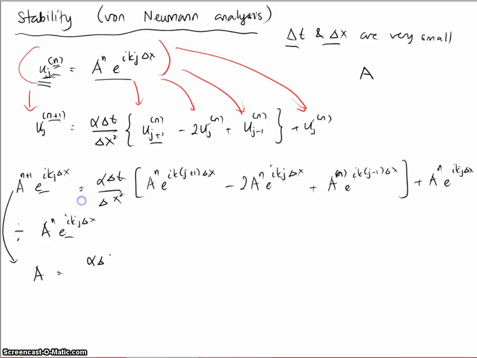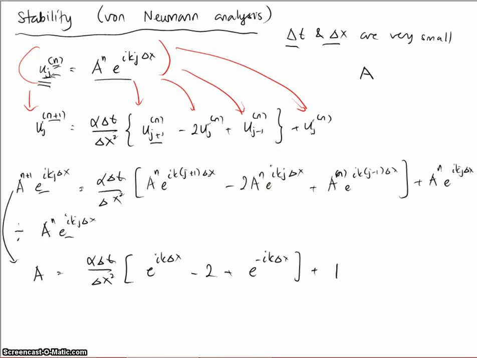On the right hand side, you have the coefficient multiplied by exponential terms of e^(ik delta x) minus 2 plus e^(-ik delta x).